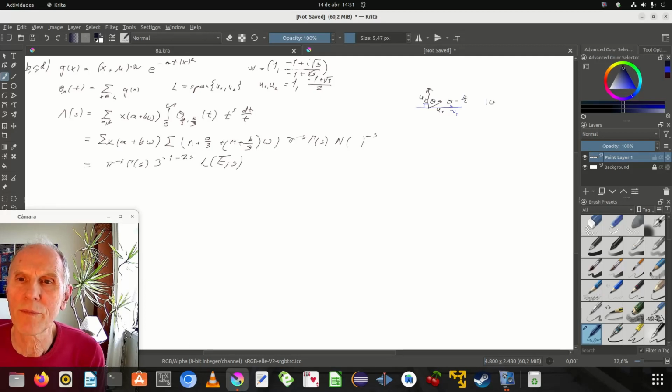Meaning that u1 times v1 times cosine of pi minus theta minus pi halves, which of course is equal to sine of theta, must be unity.